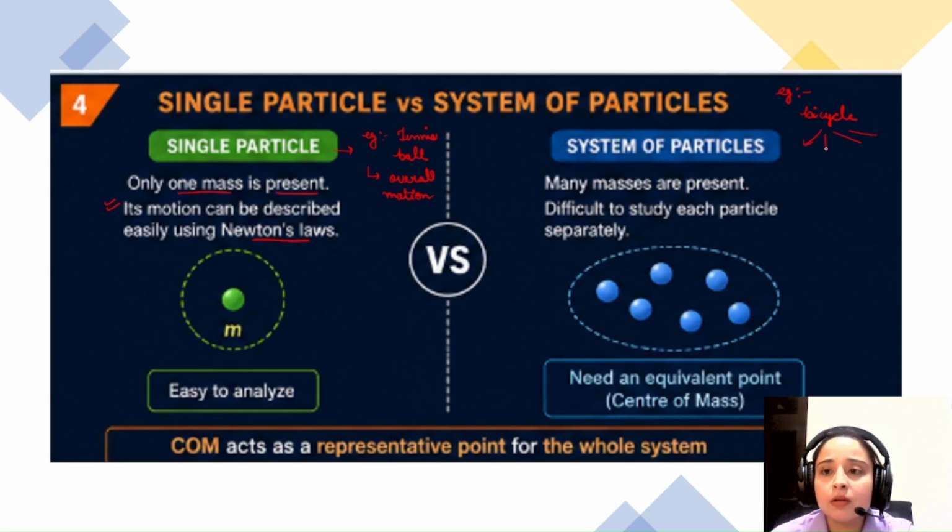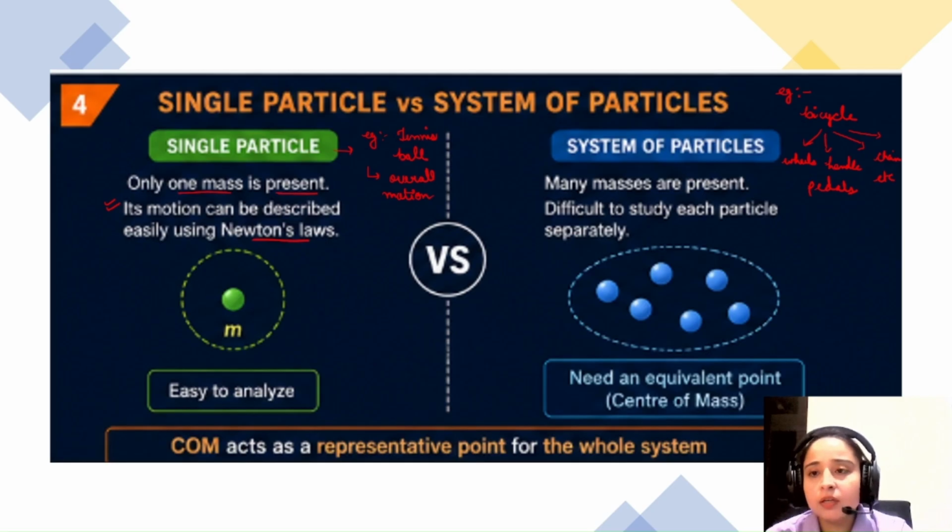Let me give you an example. You have wheels, you have a handle, you have other parts, pedals and many other parts, right? Chain, etc. So we cannot treat this bicycle as a single particle.